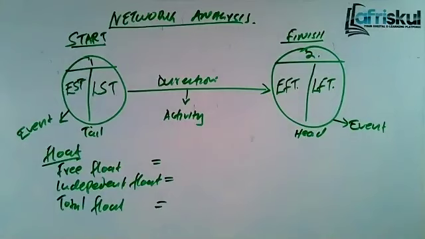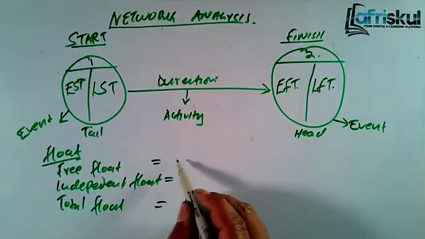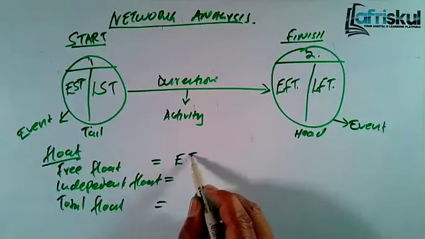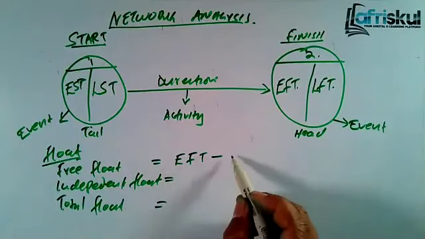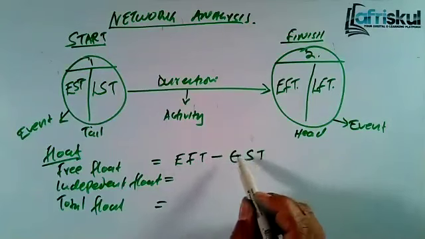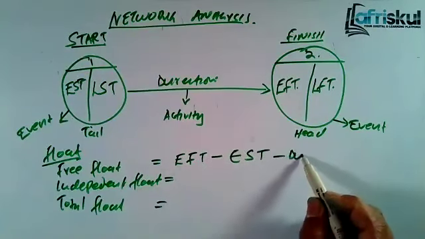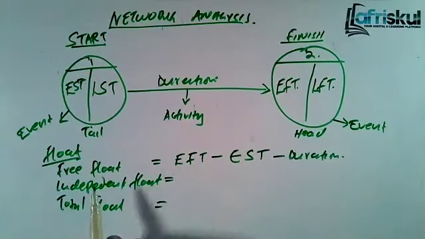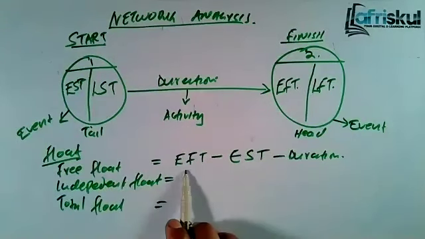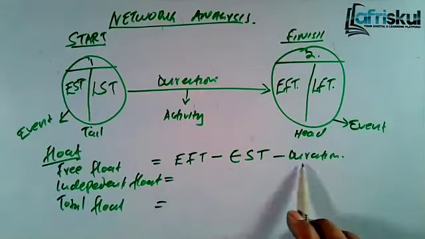Here we are dealing with the subsequent activities. You take the earliest finish time minus the earliest start time minus the duration. That's how we get the free float.